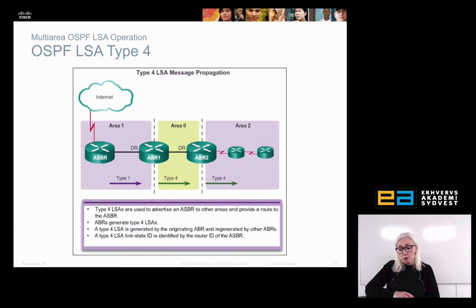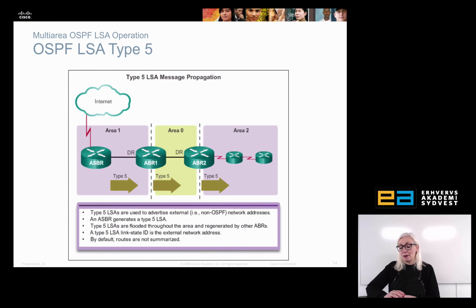Then we have the type 4, which is used if we need access to an ASBR, so that we can get access to the internet or external routes. This is information about the route to the ASBR. It is generated and sent on to the different ABRs, so this is information that is sent out between the different areas.